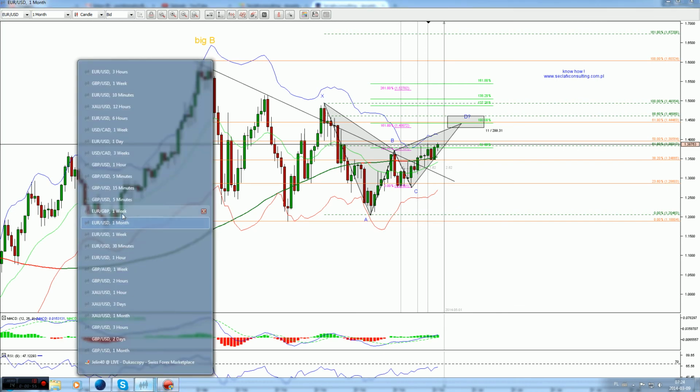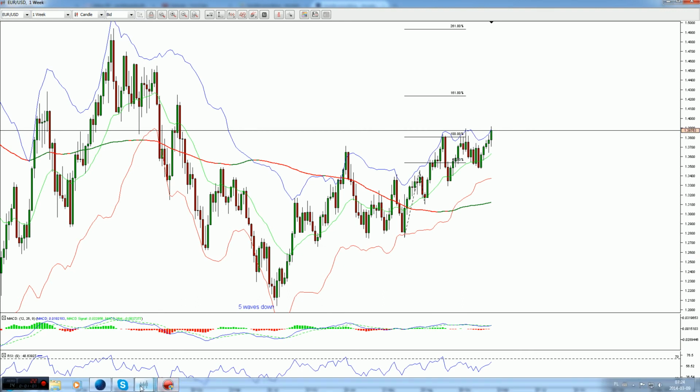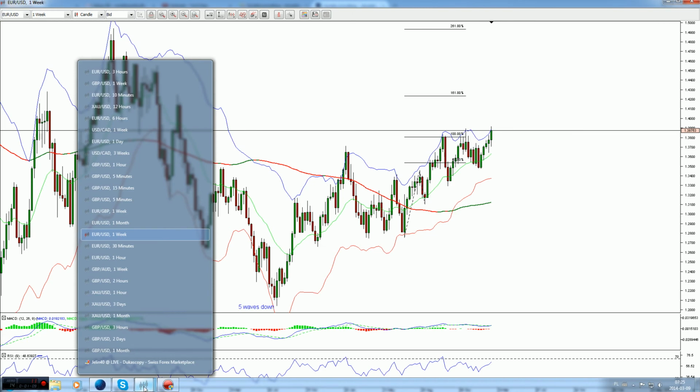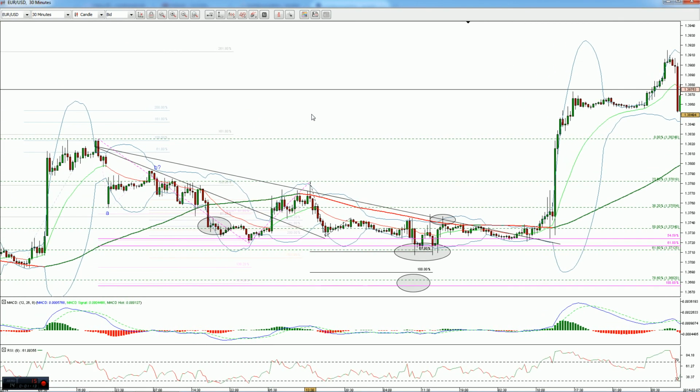Good, let's go to the weekly. On the weekly there is a green candle and those were the highs which were broken last week. We had a very nice trade setup last week for a long position and I'd like to talk a little bit about it just in order to make sure you understand it and you prepare yourself well for this trade setup.